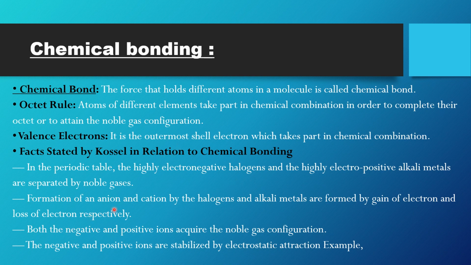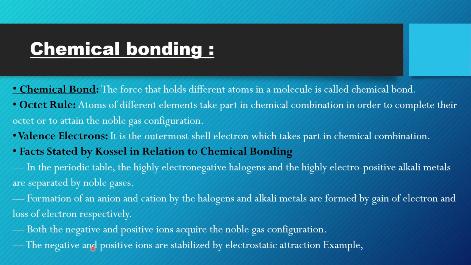The formation of an anion and a cation by the halogens and alkali metals happens by gain of an electron and loss of an electron respectively. Both the negative and positive ions acquire the noble gas configuration, as I told in the octet rule.